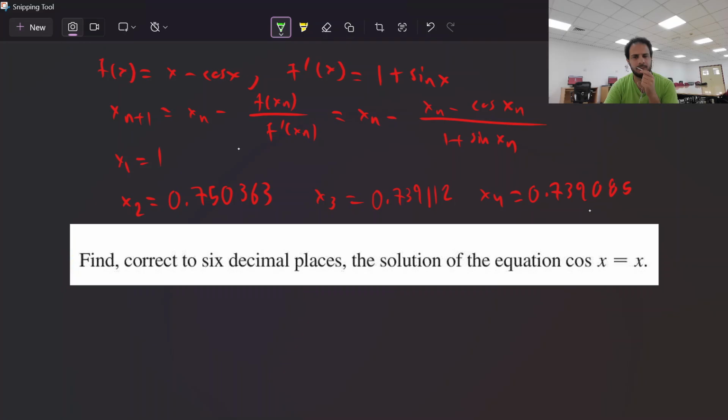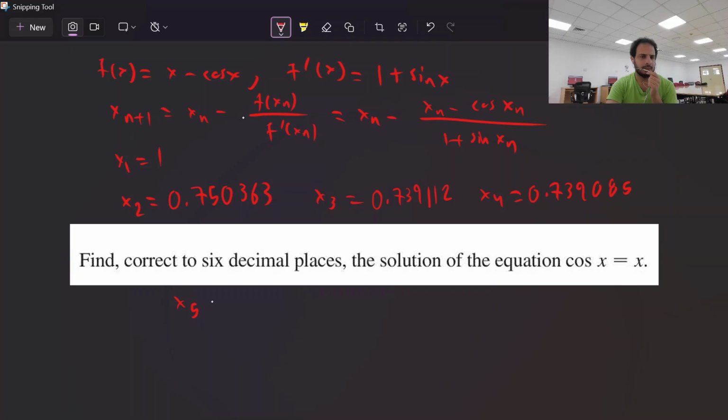Seven, 3, and 9. Yes. So since here we have 739 and here we have 739, we are sure that these are correct. This 0, we don't know yet. We need to find x5 to see whether 0 is correct or not. Let's find x5 now.